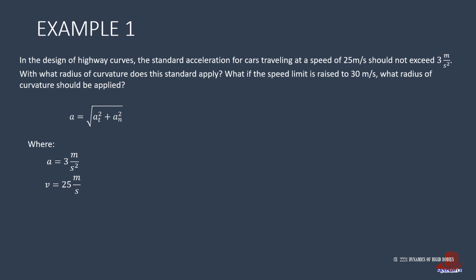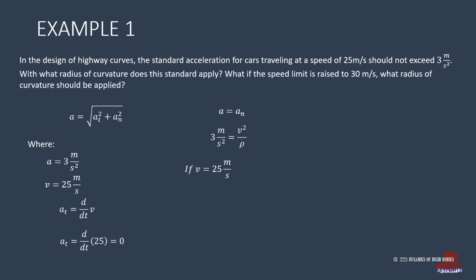This magnitude of velocity can be used to differentiate for the tangential acceleration, which is the derivative of 25, and that is equal to 0. With the tangential acceleration as 0, we can equate the acceleration to the normal acceleration, which we can further notate as the square of velocity all over the radius of curvature.